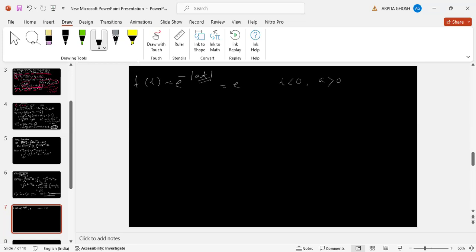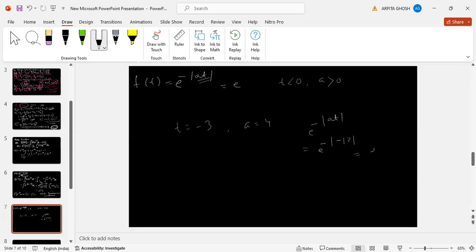If this portion is negative and we take the mod of it, result কি হবে? Let the value of t be equal to minus 3, t negative, a is say 4. So e to the power minus mod of at, that means e to the power minus mod of 4 into minus 3, that means minus 12.